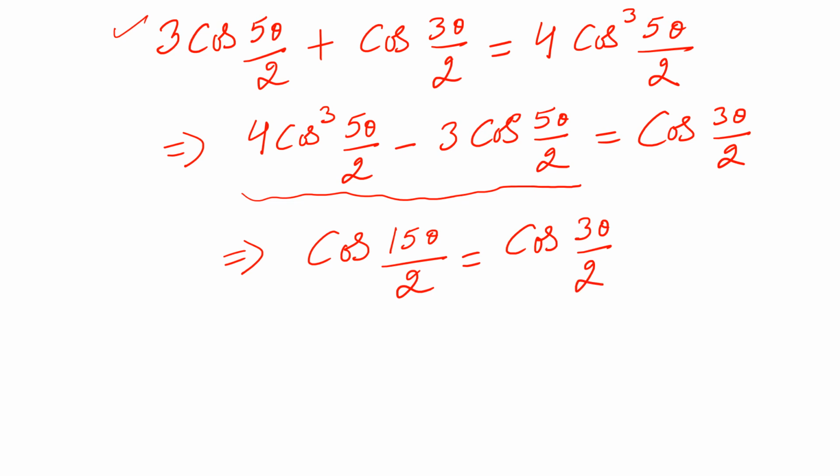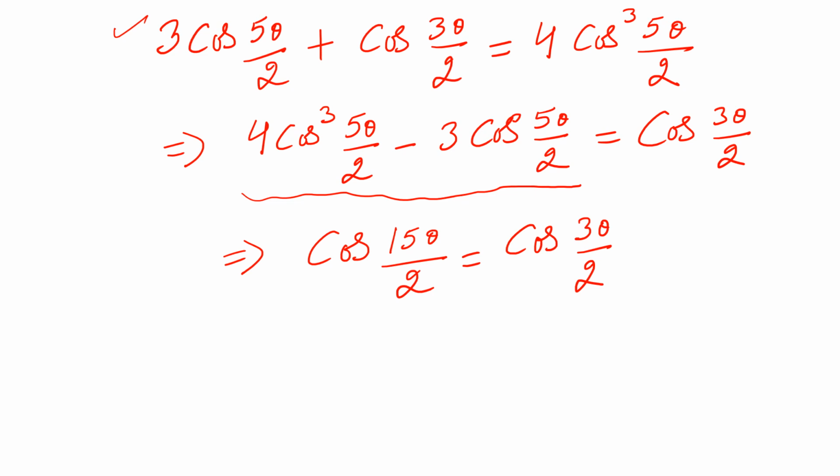Now students, in order to solve this equation, either you can take cos 3 theta by 2 onto the left hand side of the equation and apply the identity cos C minus cos D, it becomes 2 sin C plus D by 2 into sin of D minus C by 2, and then you can solve it.